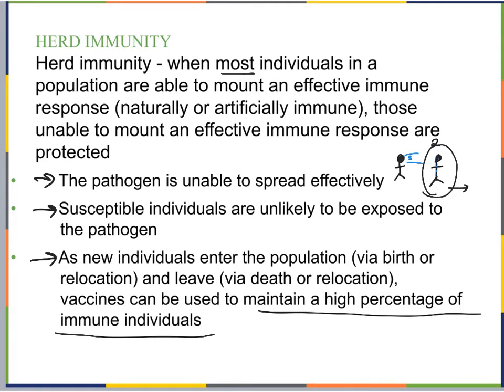Now, that doesn't mean that the pathogen's not in the body, and that doesn't mean that we're not transferring that pathogen. So even if somebody is immune, even if all of these people over here are all immune to it, they can still all be exposed to the pathogen and be passing along that pathogen to anybody else.